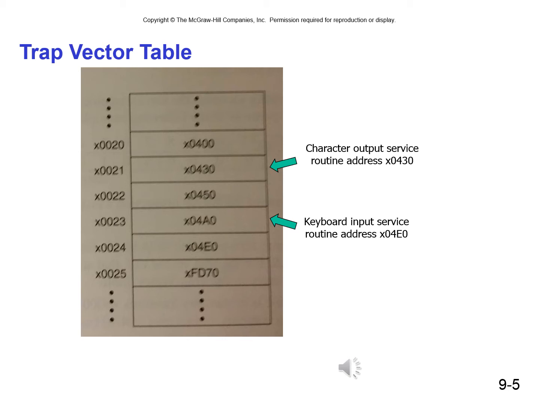The keyboard input service routine, which is a trap X23, begins at hex 04A0. So the difference is you don't go directly to the starting instruction of the system subroutine. You have a trap vector address, which holds the starting address of the system subroutine, aka trap routine.